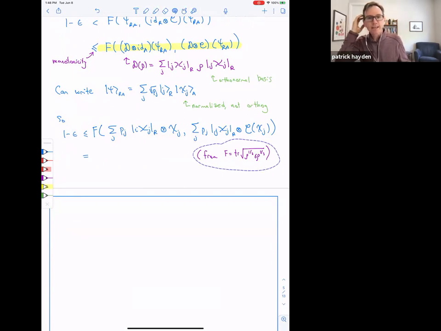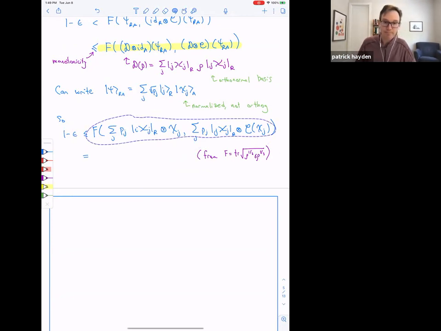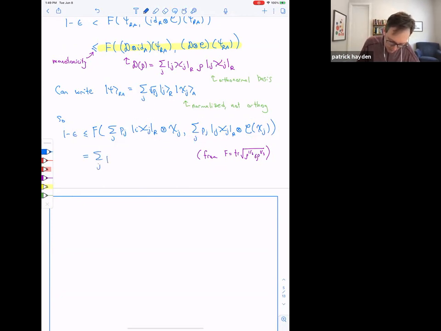You might think that's a horrible looking thing, but one thing that you can see immediately from this formula is that if rho and sigma are simultaneously block diagonal, then the fidelity is going to be a sum over pieces, contributions from each of the block diagonal blocks. And the state that I have up above here is block diagonal with respect to J. And so what I actually get out of this is a sum over J, probability weighted, the fidelity of chi j against the channel acting on chi j.